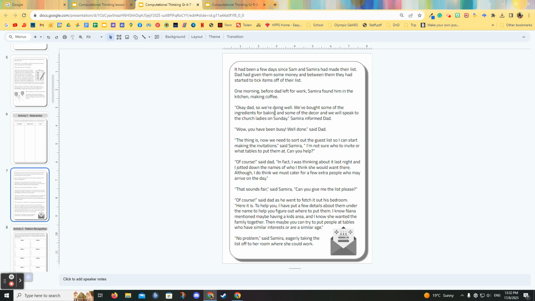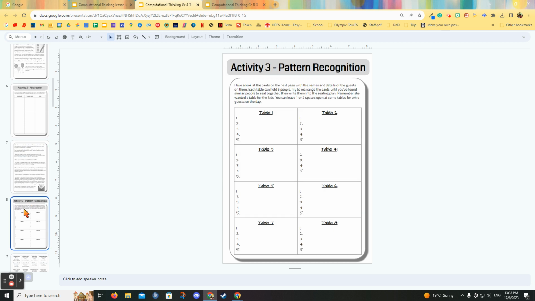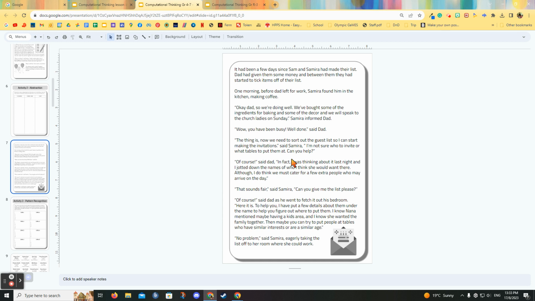Then over here, they are talking about the guest list. So they're talking about the guest list and everybody who's coming to the party, and this is all about pattern recognition for who is going to sit with whom. Now this one, there's no right or wrong answer as long as learners can justify who they're putting with who.